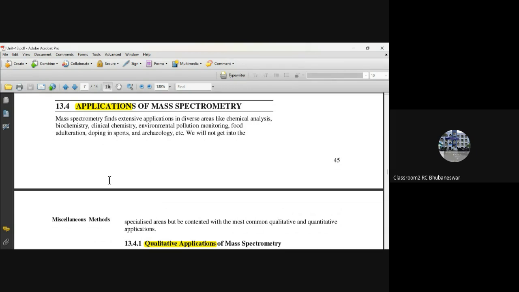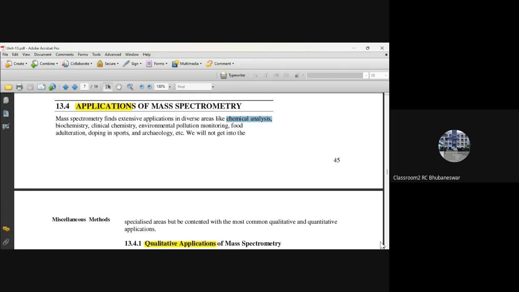So mass spectrometry finds extensive application in diverse areas, like chemical analysis, of course, that is the major thing you can do. Structural elucidation means chemical analysis mostly is done in R&D sectors, in pharmaceutical industries. They also use mass spectrometry on a very large scale.